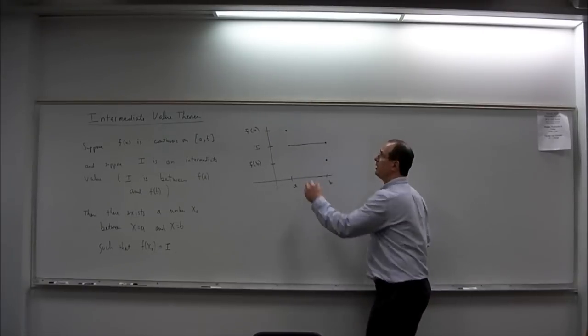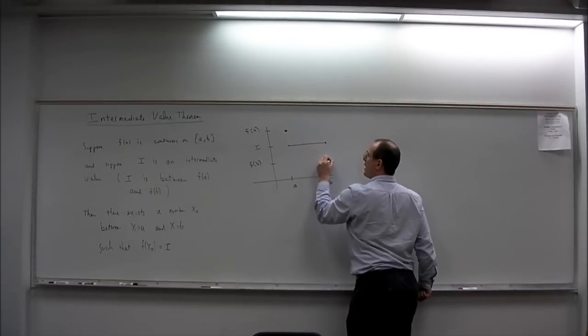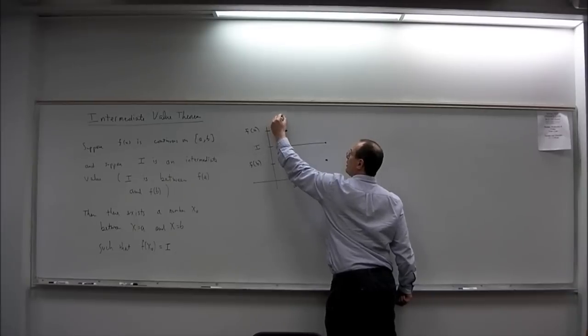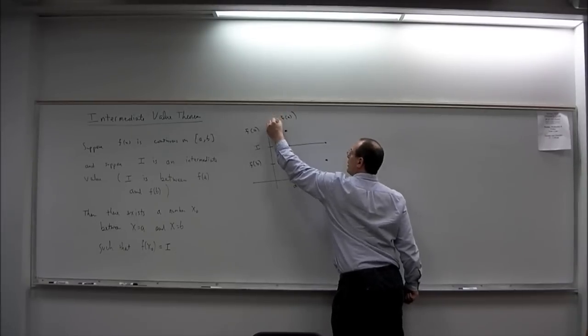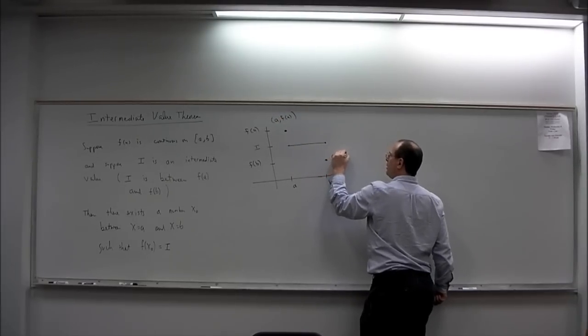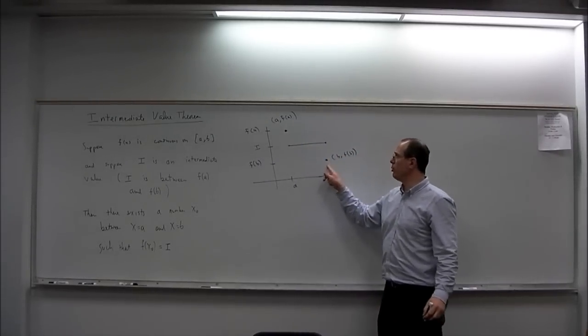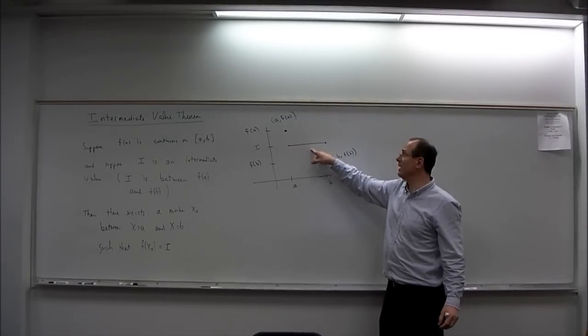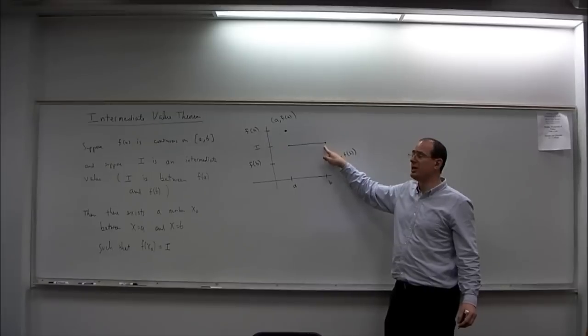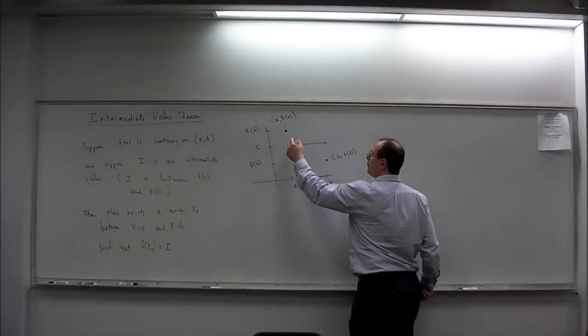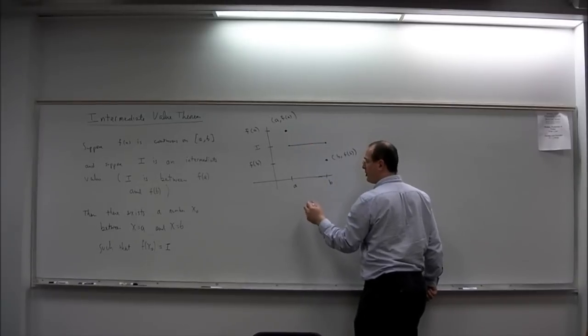then what this theorem is saying is that if you draw a continuous function that connects these 2 points, a comma f of a, and b comma f of b, if you draw a continuous curve that connects these 2 points, then it must intersect this horizontal line. There is no way to avoid that with the graph of a function.